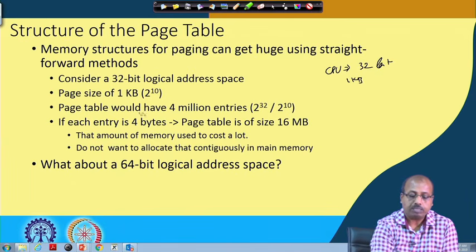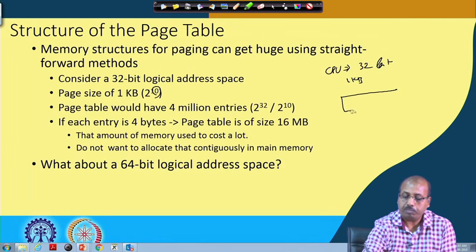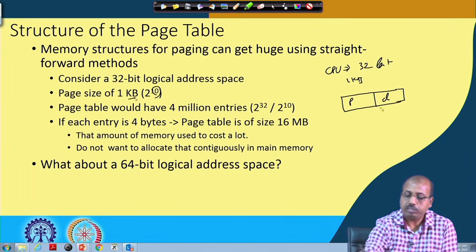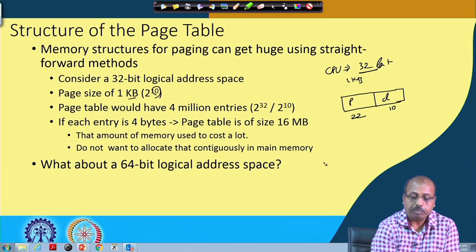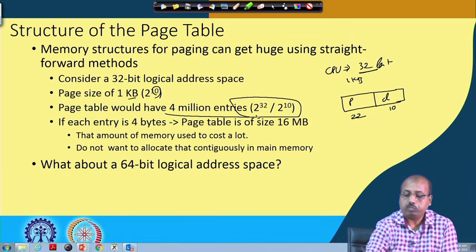Then the number of bits used in the offset part, the D part, is only 10, and the rest is the page part. Since the address space is 32 bit, the page part is 22 bit. So, the page table would have 4 million entries: 2 power 32 divided by 2 power 10 is 2 power 22, about 4 million entries.